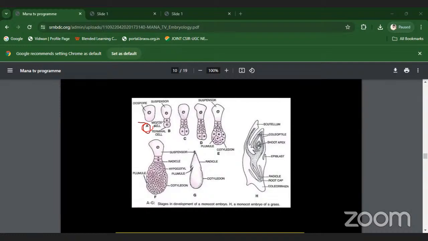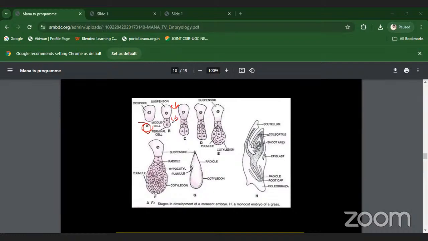As a result of transverse division in the zygote, the apical cell and basal cell are formed. The apical cell CA is toward the chalazal side and CB is toward the micropylar side. CA and CB both are formed.